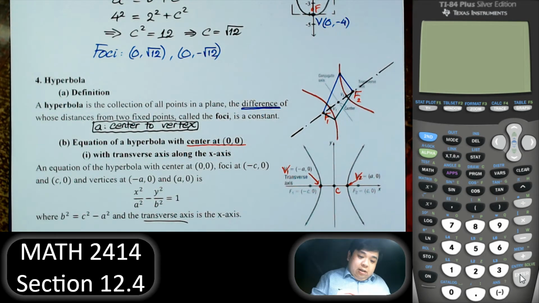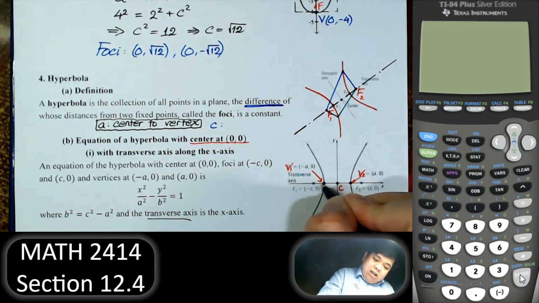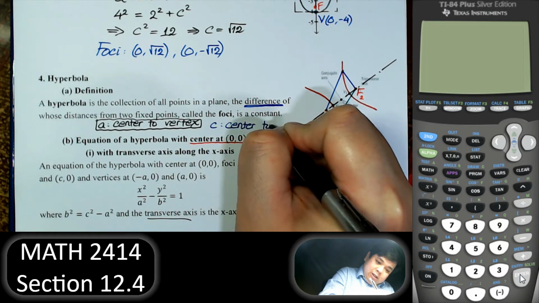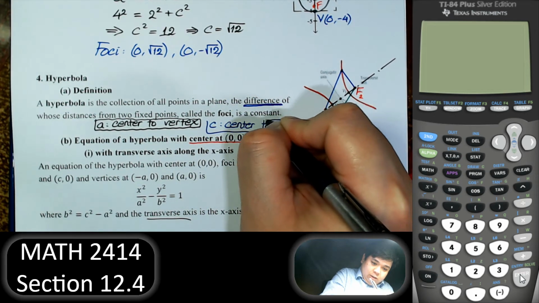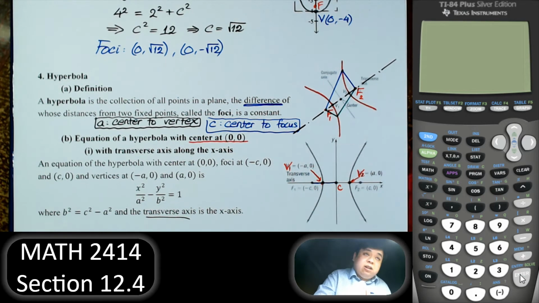And then C, distance from the center to focus. In this case, C is the longest distance. And then we still have B.